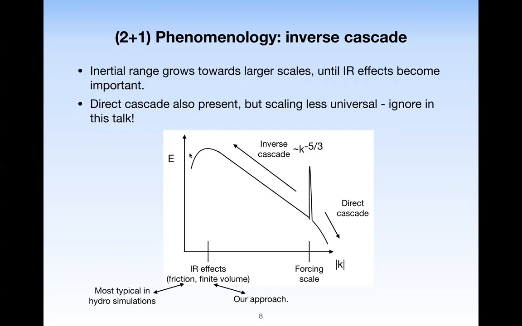And what precisely happens there depends on what you do. In the simulations I will show later on, we will be working at finite volume. This is our approach. The more standard thing to do from hydro simulations is to add instead friction terms to remove these large scale vortices.